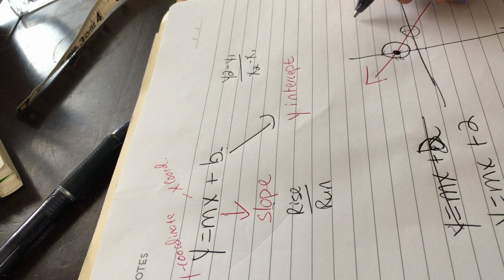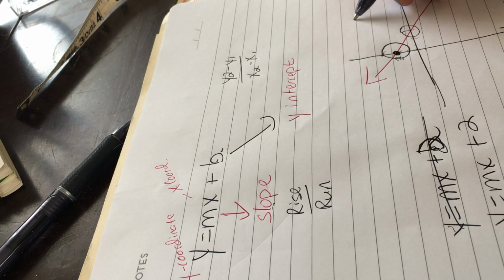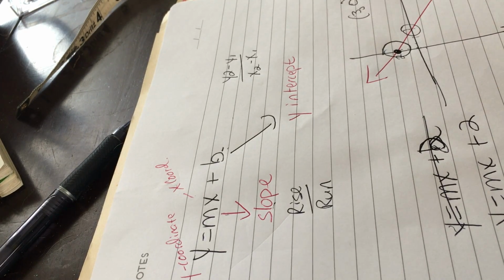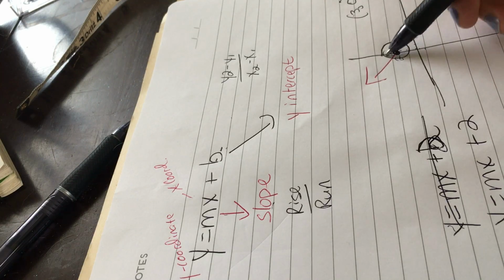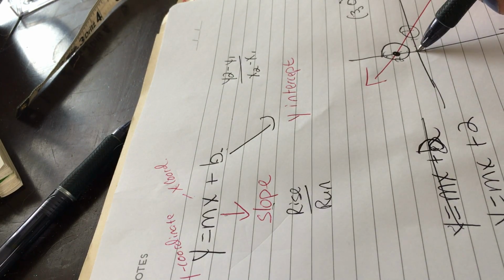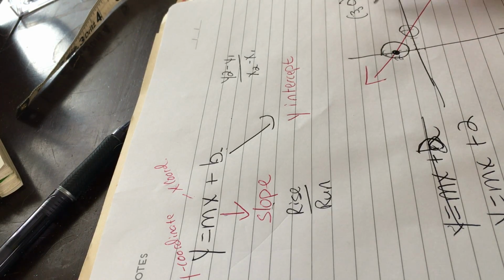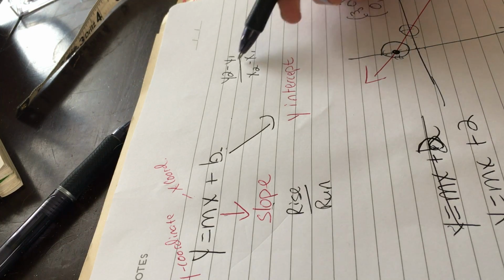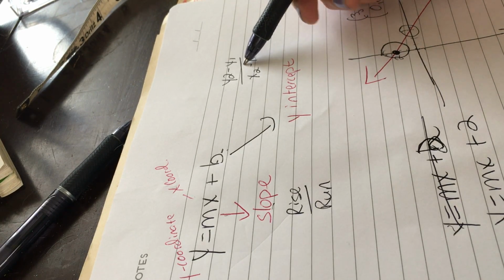So one coordinate would be 3, 0, and the second coordinate would be 0, 2. And there are my two points that I can plug into this formula to find my slope.